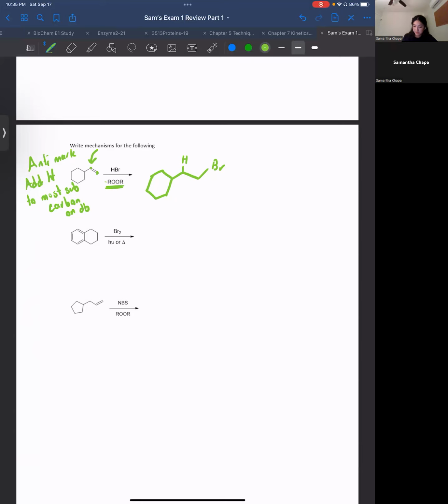This next one, Br2 and a radical initiator. So bromine radical reactions, we know that they're very selective for the most substituted carbon-hydrogen bond.